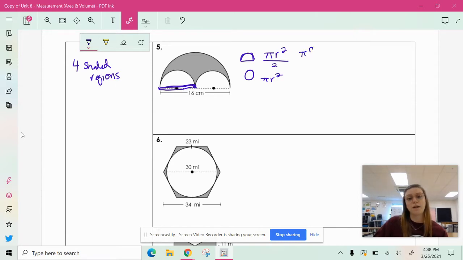So pi 8 squared divided by 2. My calculator says 32 pi, but remember you can click your convert button to get a decimal. I got 100.5 centimeters squared.